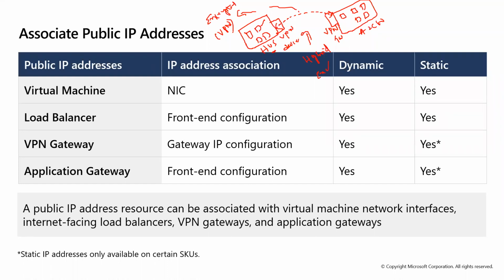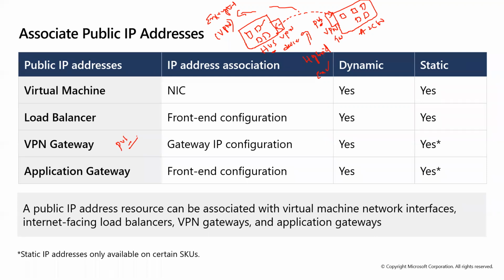So for this device to connect to a device on premises, what IP address should it have? It should have a public IP address. So your VPN gateway, to talk to your on-premises VPN device, requires a public IP address.